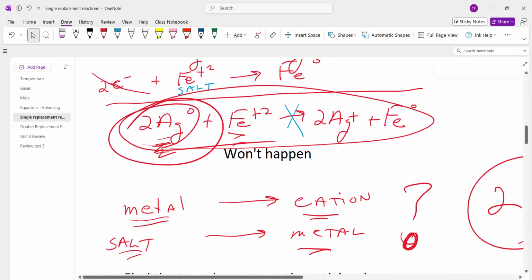The blue X is there because the silver is not above the iron. The iron wants to oxidize more than the silver, and it's already oxidized, +2.